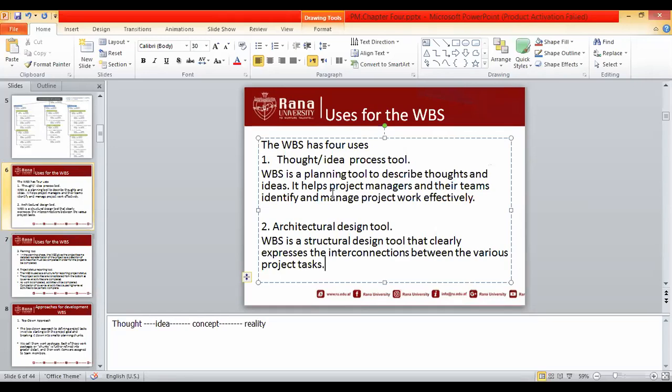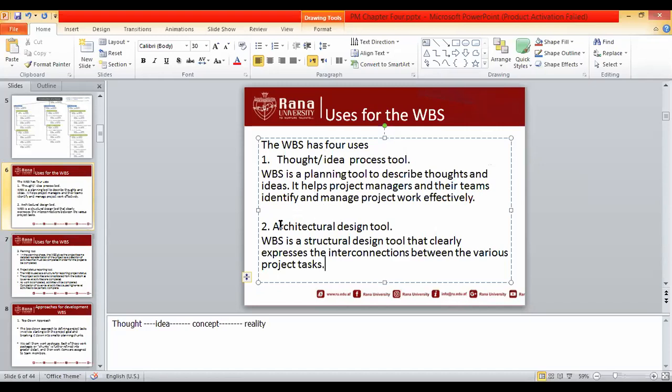So that's why WBS is a planning tool. In planning, as you know, you do a lot of paperwork, and in the paperwork you simply want to go for good planning. And WBS helps you to process your thought and idea.